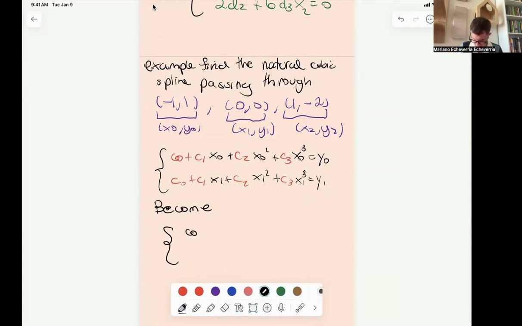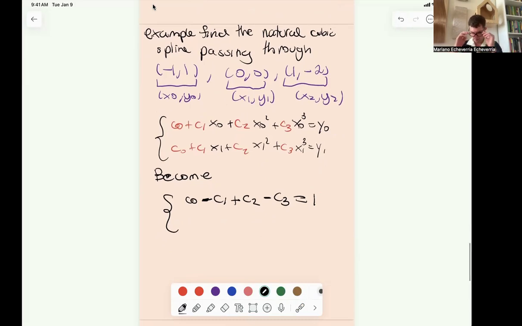Here x0 is -1, right? So it becomes c0 minus c1. -1 squared is 1, and -1 cubed is -1. Okay, so that gives you c0 minus c1 plus c2 minus c3 equals 1. And then the other one becomes, oh, this is great.